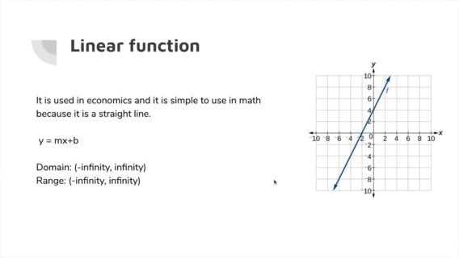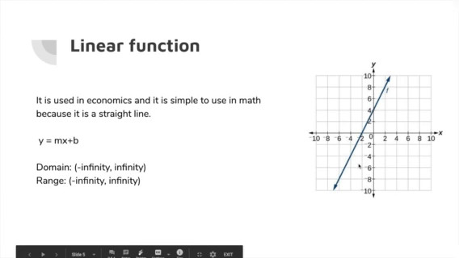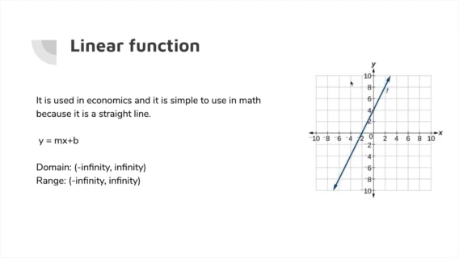The domain is from negative infinity to positive infinity. It goes like this, so negative to positive. And then the range is also the same. It goes from negative infinity to positive infinity. It goes up. It's increasing. So it goes from negative to positive.